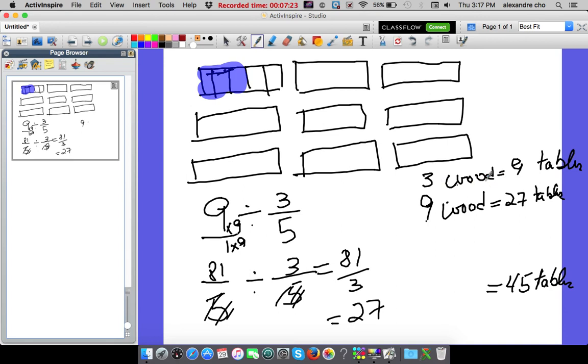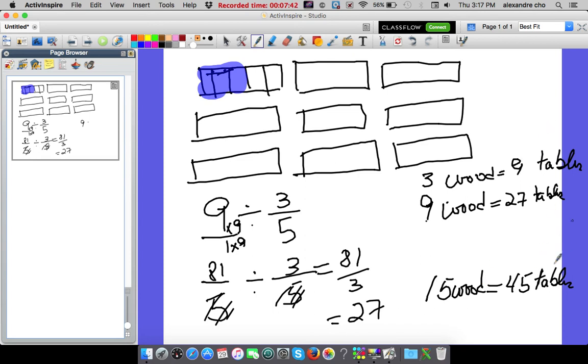If I know this ratio, I can find that to make 45 tables I would need 15 pieces of wood. Hopefully you see the relationship.